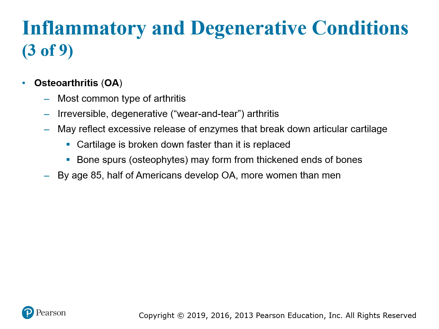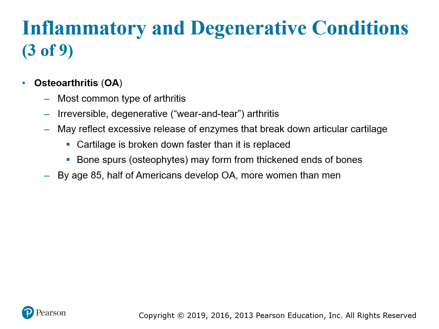Let's take a closer look at osteoarthritis. This is the most common type of arthritis, also known as OA. It's irreversible. It's basically the result of a degenerative wear and tear of the joint. Many cases of osteoarthritis reflect the excessive release of enzymes that break down the articular cartilage.